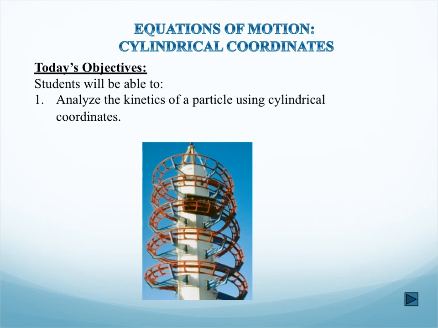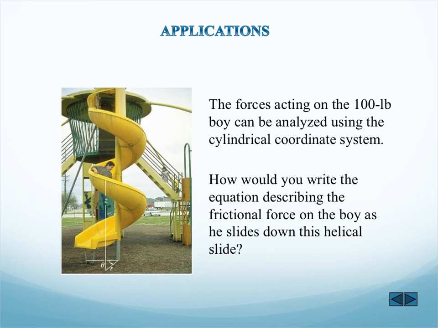But again, what we're doing is using those different coordinates and those unit vectors to separate the forces into those different components and also the acceleration in those different components. So for instance, this little boy going down the slide might be a really good opportunity to use cylindrical coordinates because he's going in a helical pattern, so he has probably a constant radius, but his angle is changing over time, and he's also changing his vertical distance.